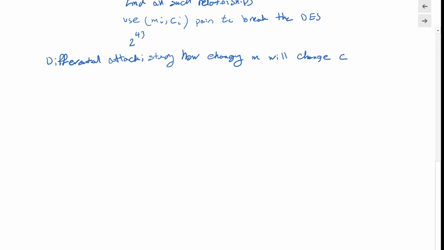So if there is an algorithm where flipping one or some of the bits of M doesn't change the ciphertext C significantly, then that means there is a non-linear relationship, right? That means that the goal is to find non-random behavior, right?